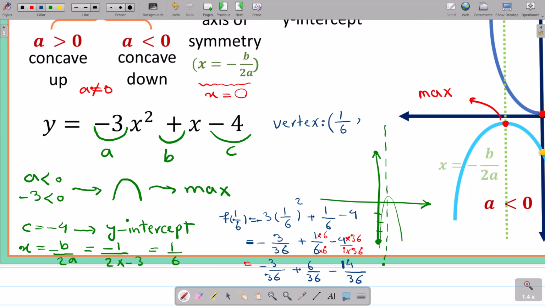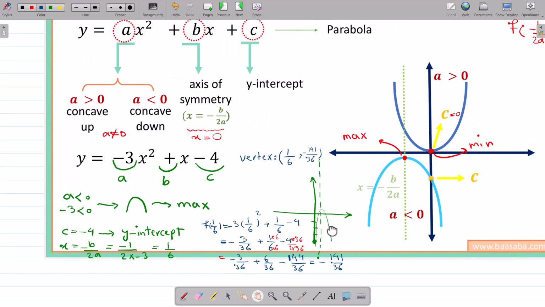It's 144. And our answer will be -141/36. This is the y-coordinate of the vertex of our quadratic function.